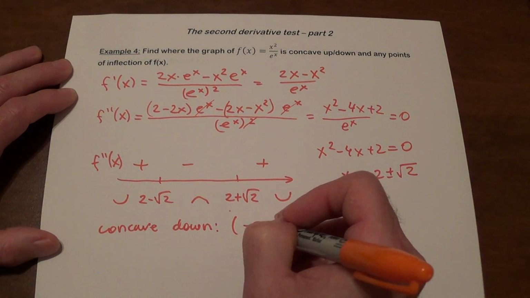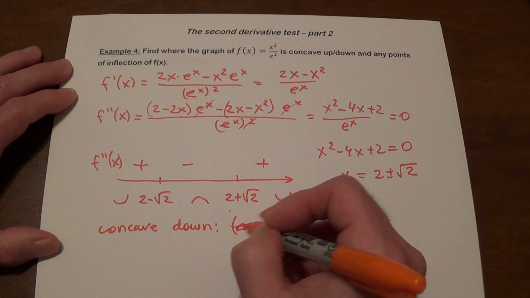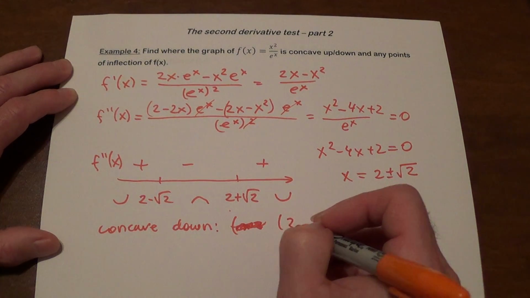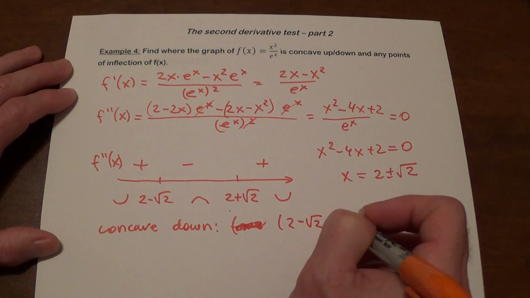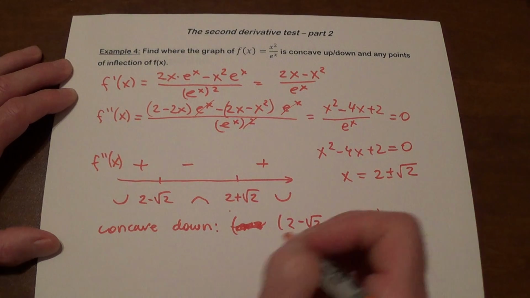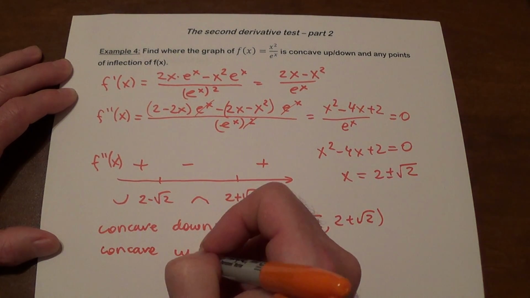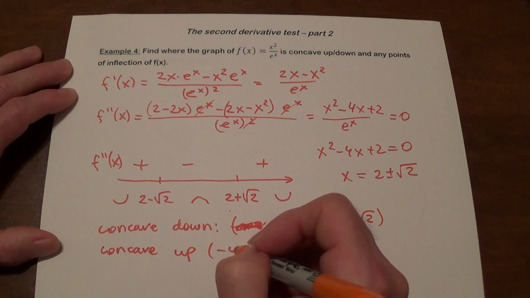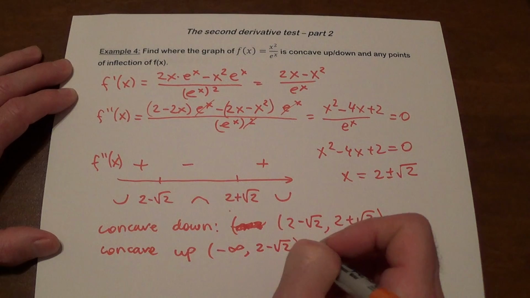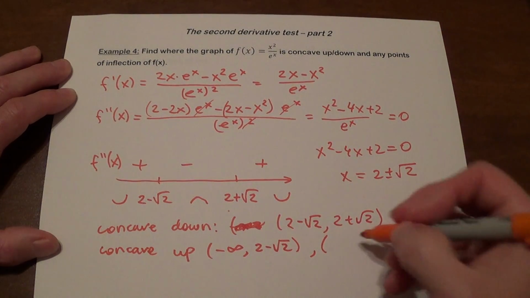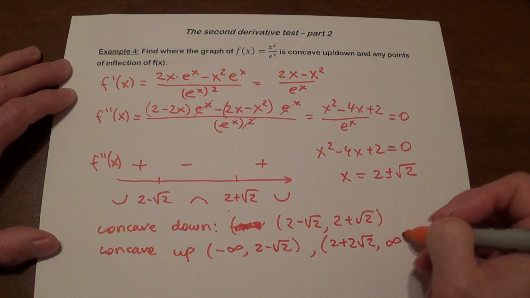Let me rewrite that. It's going to be concave down on 2 minus square root of 2 to 2 plus square root of 2. It's going to be concave up on an interval from negative infinity to 2 minus square root of 2, and also from 2 plus square root of 2 to infinity.